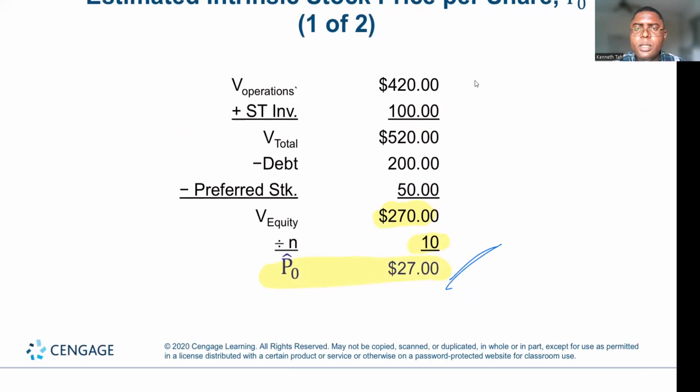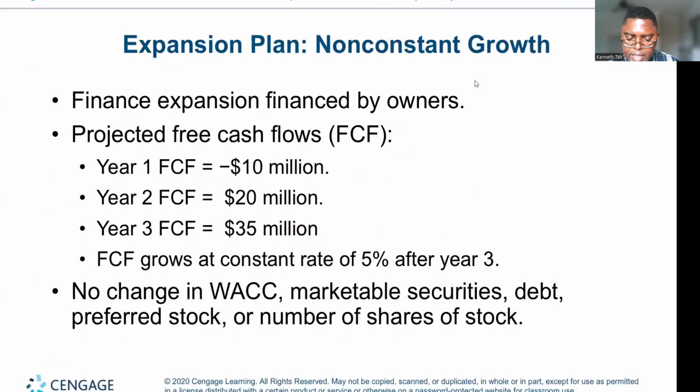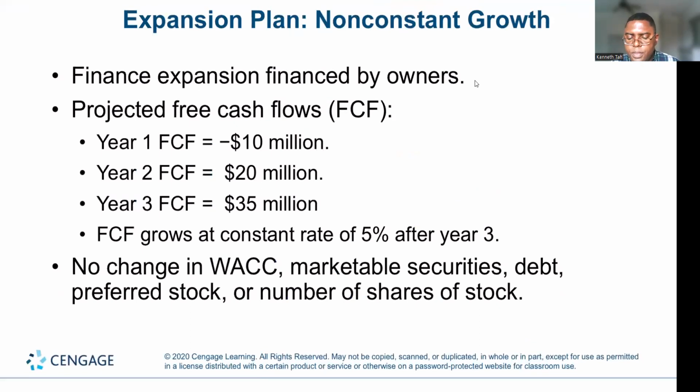cash flow grows, but it grows at a constant rate. So we are going to look at the case for which there is growth, but that growth has a non-constant growth rate. So an example could be projected free cash flows in such a way that cash flow for year one is negative 10 million. For year two, it is 20 million.